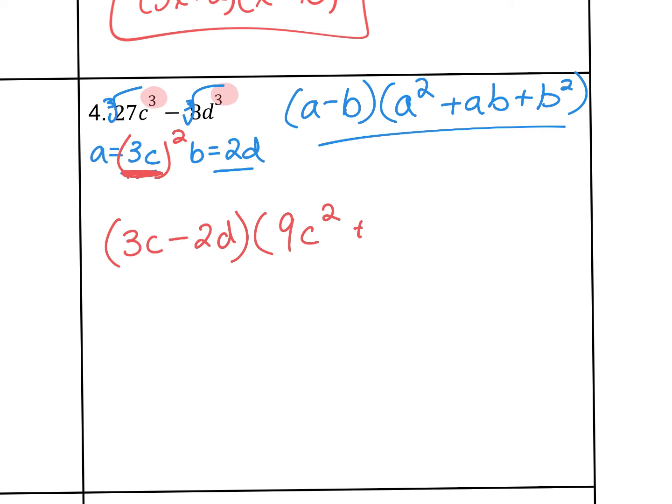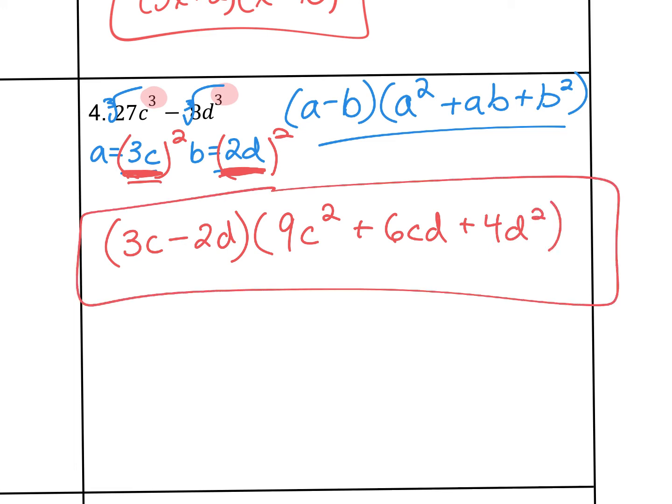Okay? When I do that, 3c times 2d is just going to be 3 times 2 is 6. And c times d, just put them there. They're not the same variable. And then lastly, b squared. So same thing, we're taking this b value, we're squaring both terms in it, okay? So this becomes 4d squared. And that's it. You can't do anything else beyond that.